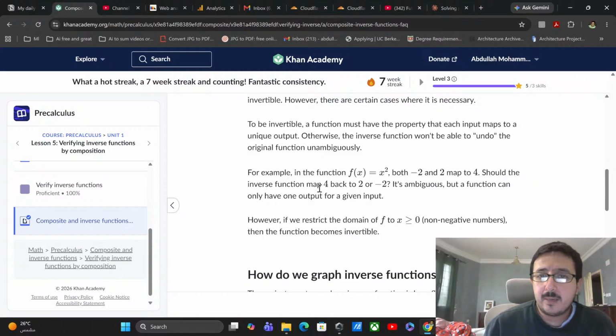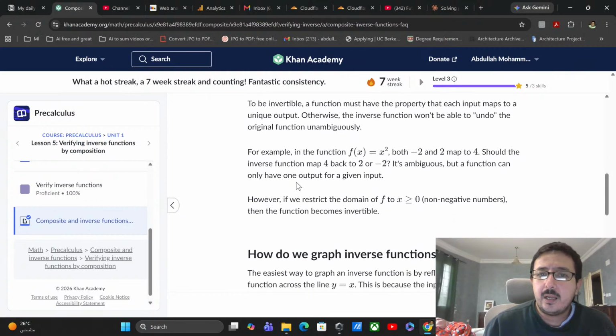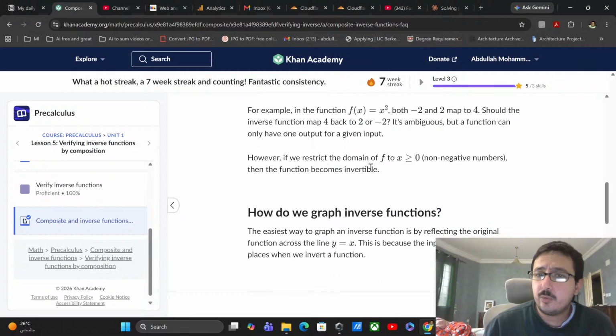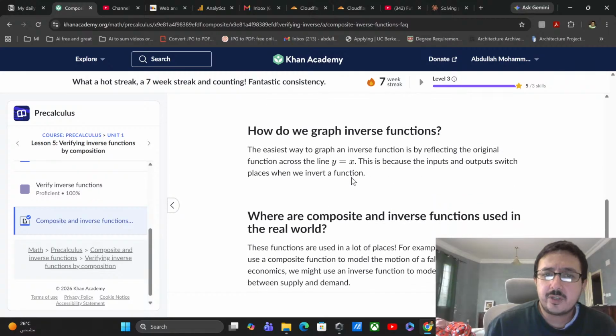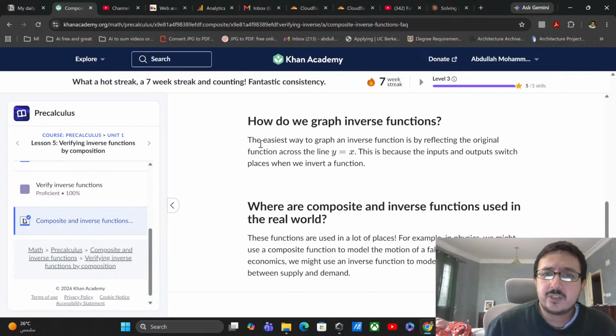Should the inverse function map 4 back to 2 or -2? It's ambiguous, but a function can only have one output for a given input. However, if we restrict the domain of f to x greater than or equal to 0, non-negative numbers, then the function becomes invertible. How do we graph inverse functions? The easiest way is by reflecting the original function across the line y equals x. This is because the input and output switch places when we invert a function.